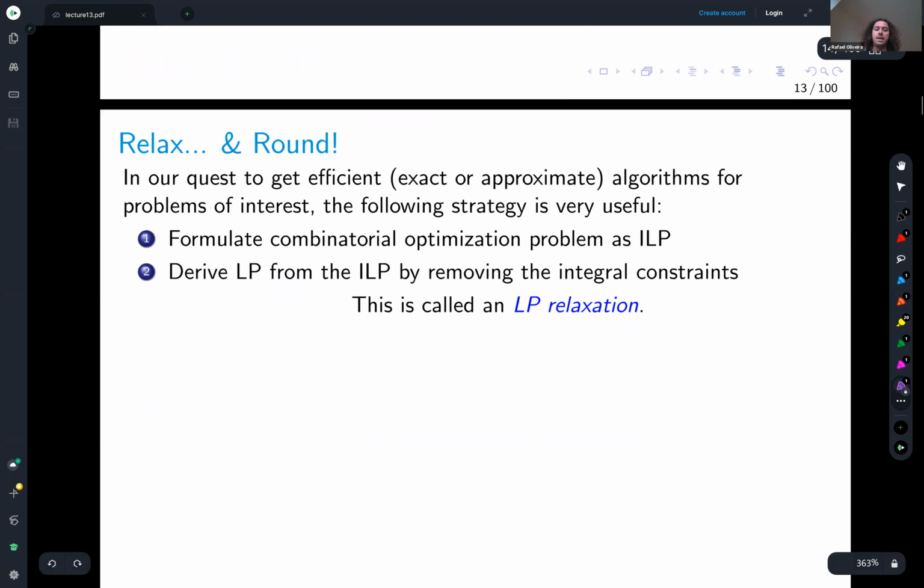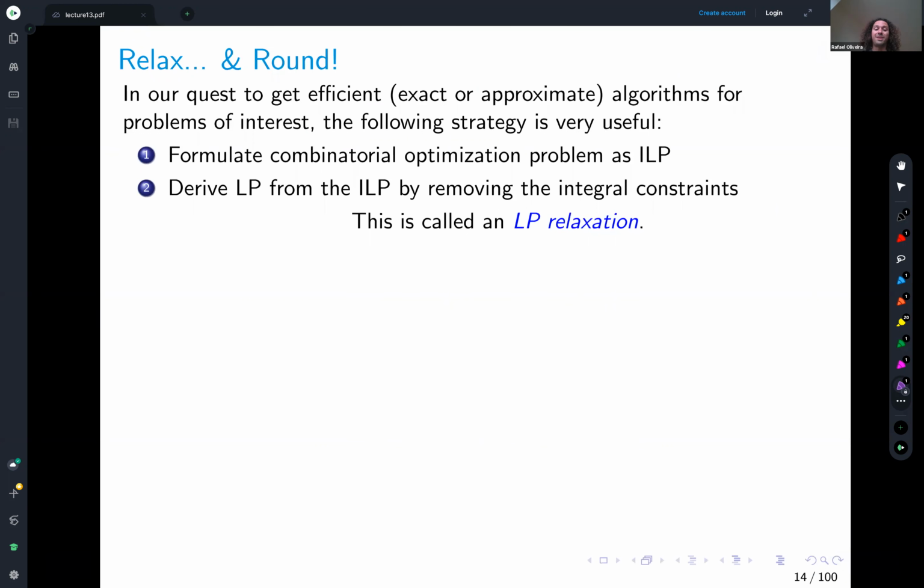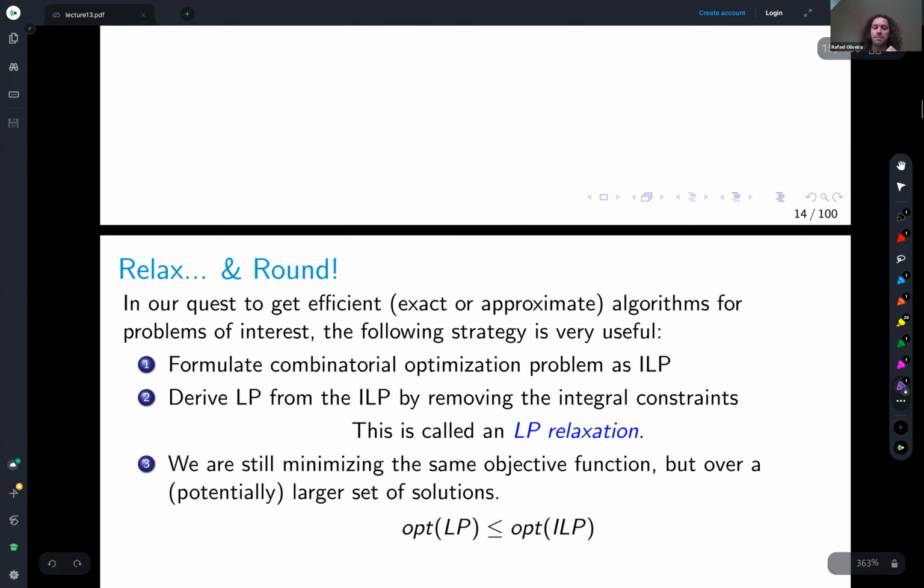Then we derive a linear program from the integer linear program by just ignoring the integral constraints. This is what's called an LP relaxation, because we're taking the integer linear program and relaxing some constraints, making them easier to satisfy.